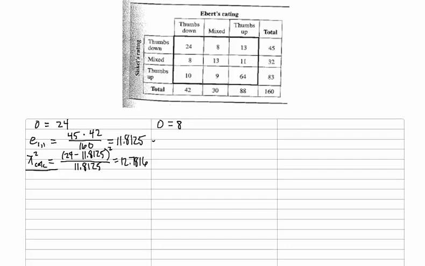For row 1, column 2, we're going to have an observed value of 8. Our expected value for row 1, column 2 is equal to the row 1 total, which was 45, times column 2 total, which was 30, divided by 160, and this is equal to 8.4375.